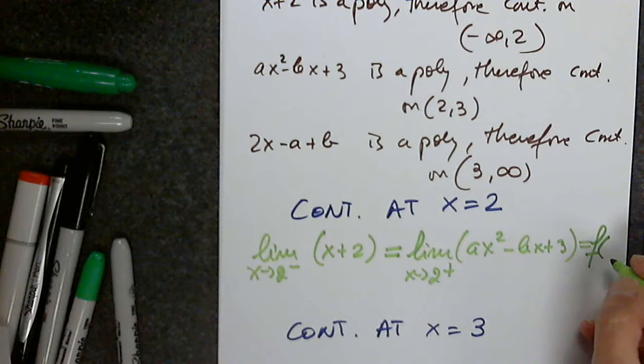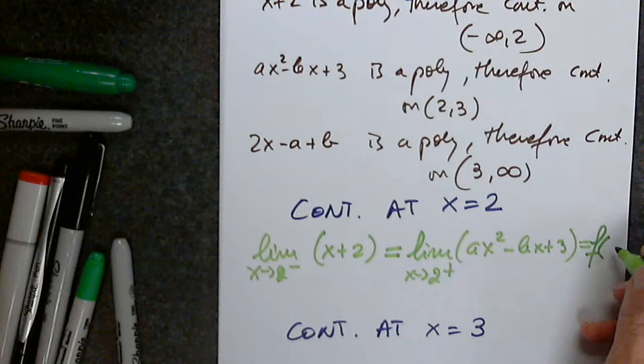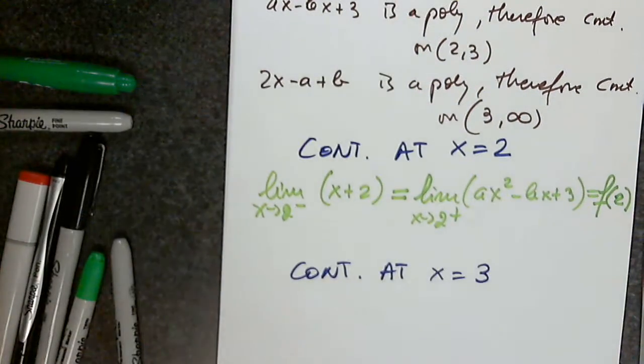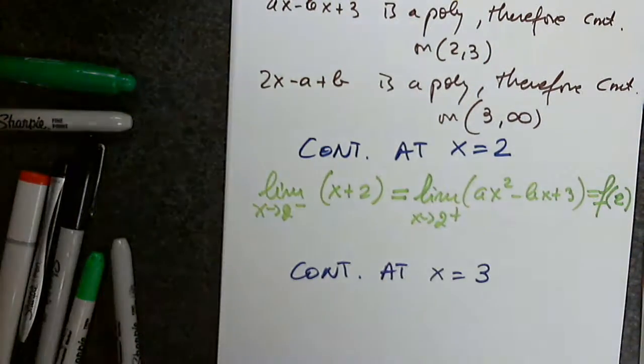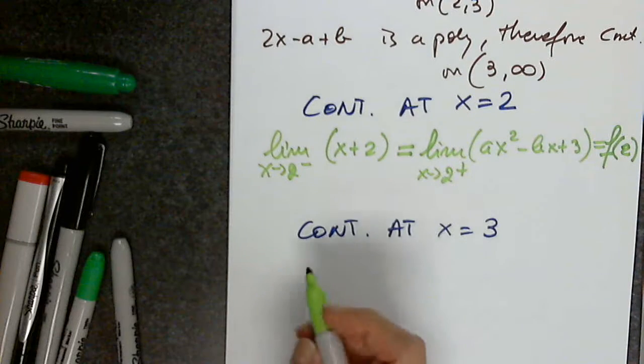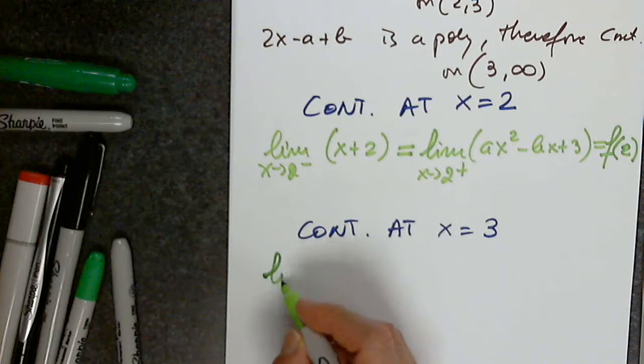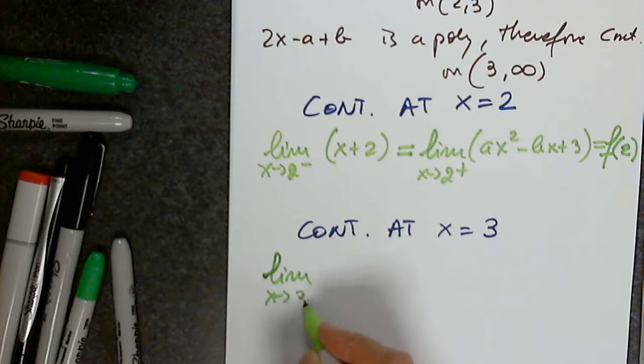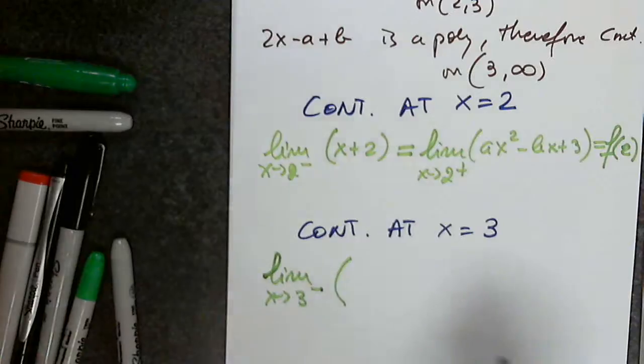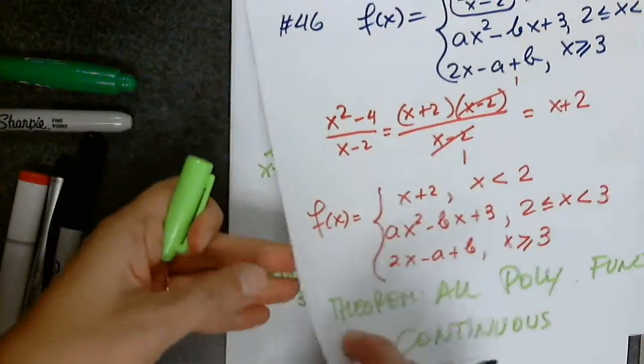Let's write it for everyone to see. It may be 4, I'm not sure. F of 2. Very good. Let's write the same definition for continuity at 3. Can anyone dictate? From precisely which branch?